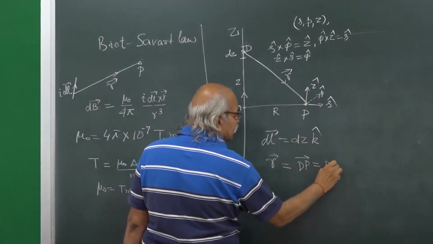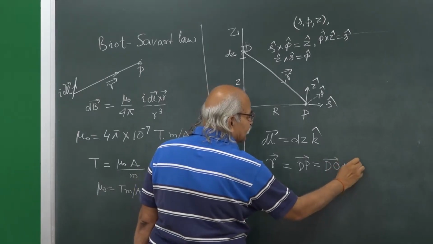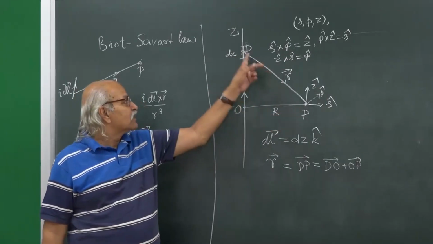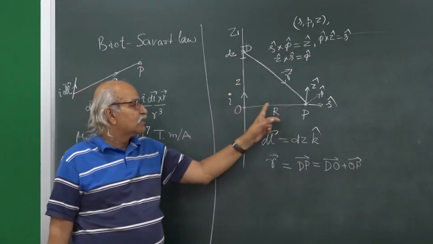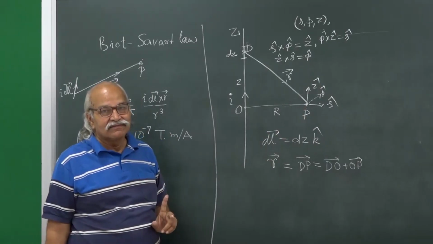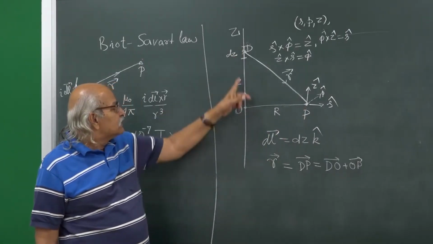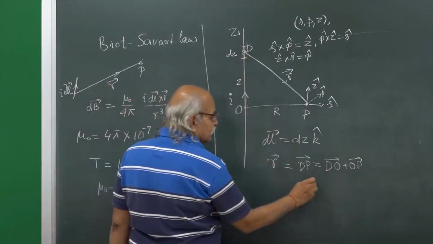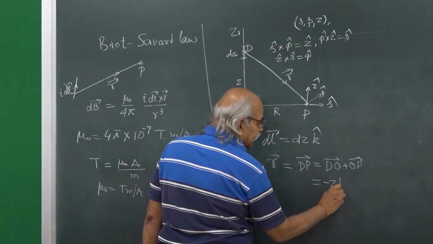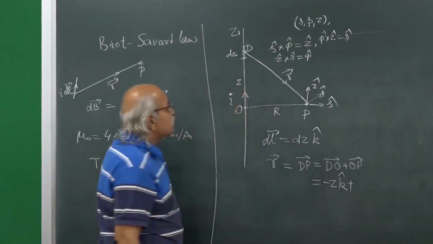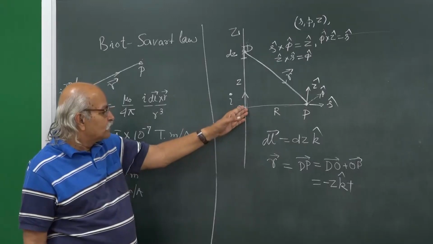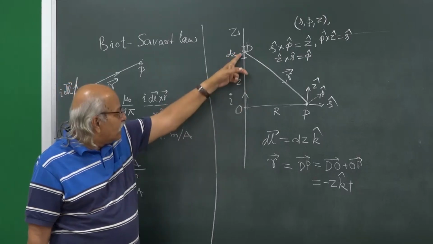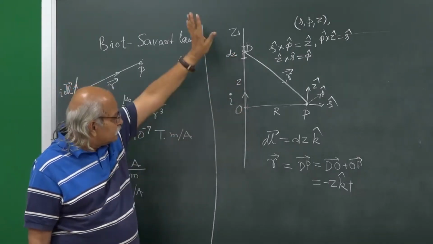and dp vector you can write as do vector plus op vector. This dp vector you can write as do vector plus op vector, and this do vector, d to o, is minus z k cap, where z is the magnitude, it is in downward direction.